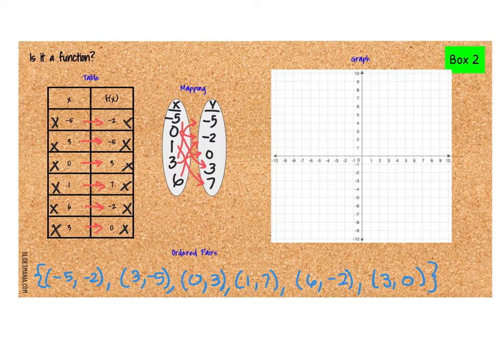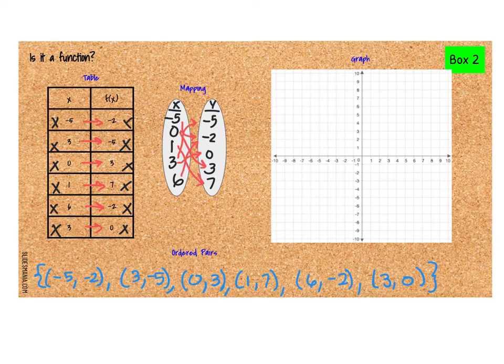All right, so those are my ordered pairs. Again, if you guys are wondering how I did that, I just put the numbers next to each other that are on the table. Let me go ahead and delete that.